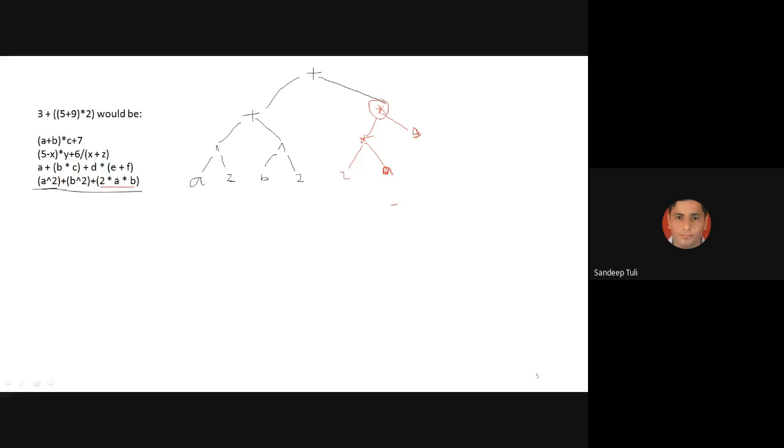Why we cannot take a into b first and then result will be multiplied by 2? Sir, we follow associativity rule while solving. Associativity we will follow actually. Okay, हाँ सर, left to right वाला हम follow कर रहे हैं। I think it is okay now.